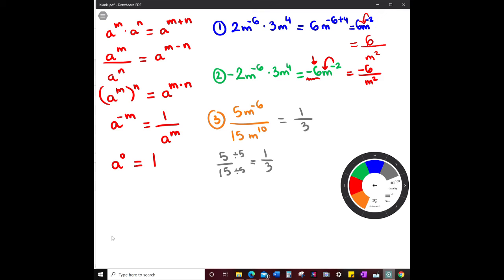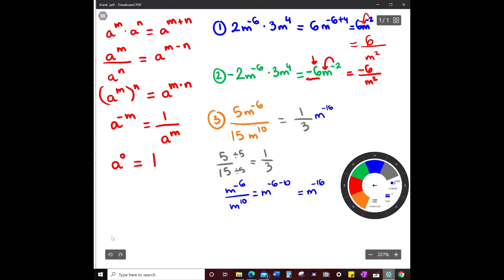However, I do have the exponent to simplify. So next part, I have m raised to negative 6 over m raised to 10. Follow the same rule: I have m raised to negative 6 minus 10, and it gives me m raised to negative 16. So I go back here and put m to negative 16.